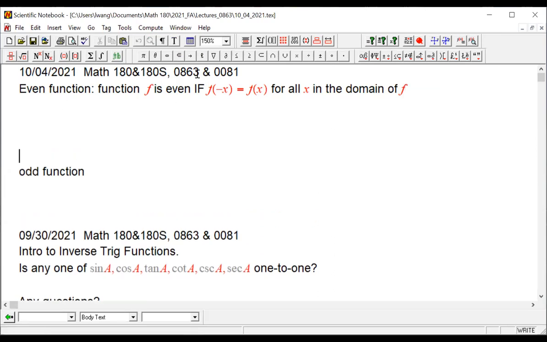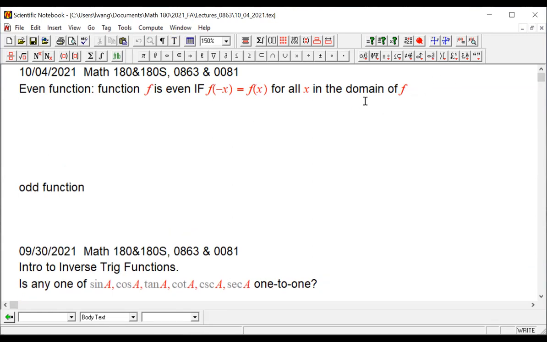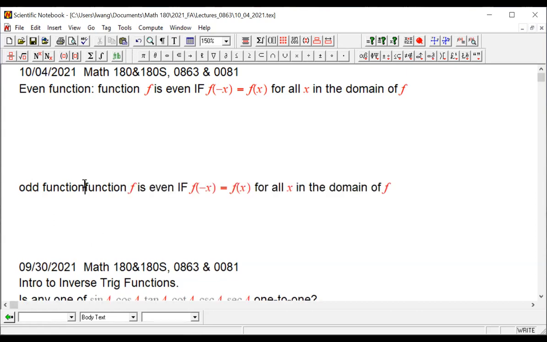So we're going to talk about what it means. A lot of people get confused, because the definition of an odd function is this, just a change of a few words. If it's odd, if f of negative x is the negative of f of x.